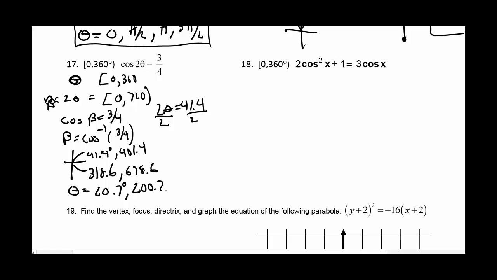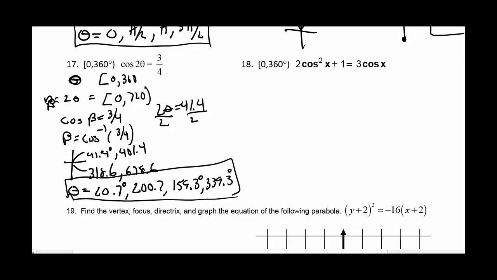All right, 200.7. 159.3. And last but not least, 339.3 degrees. And notice that all 4 of those are less than 360.